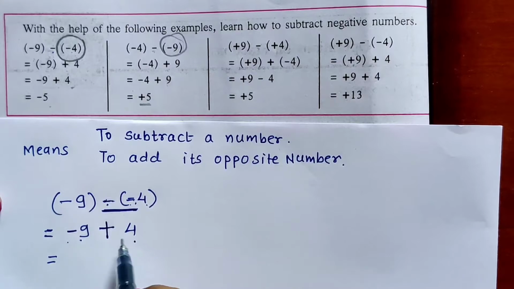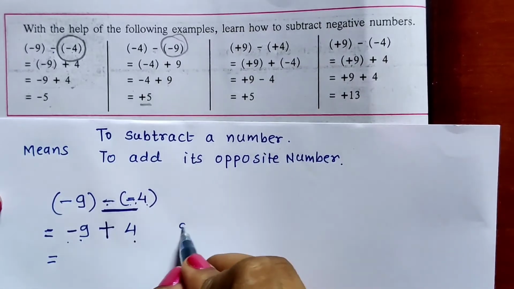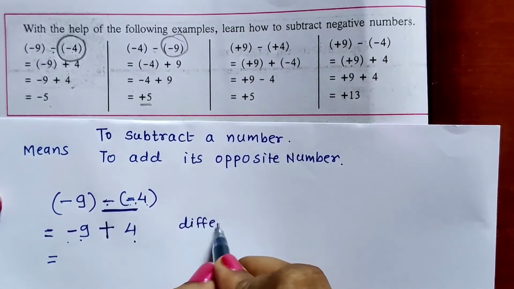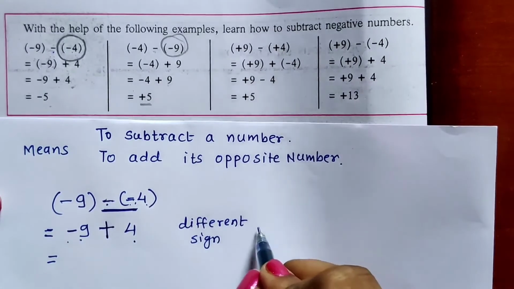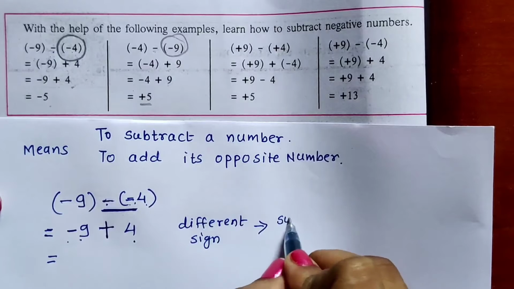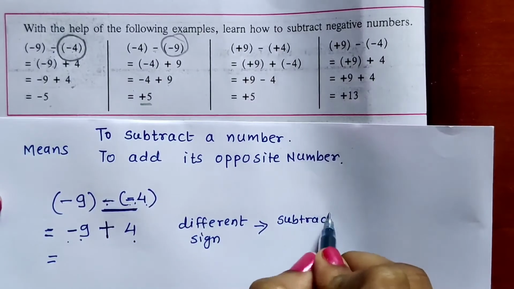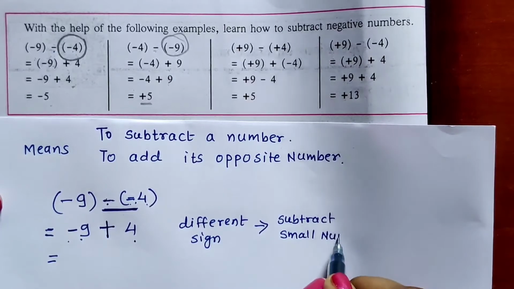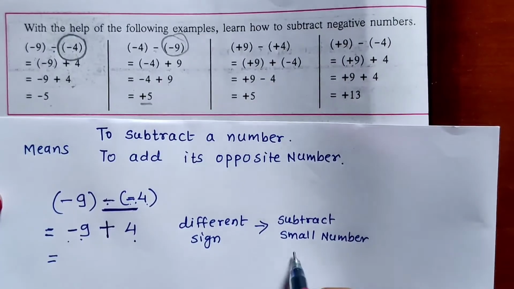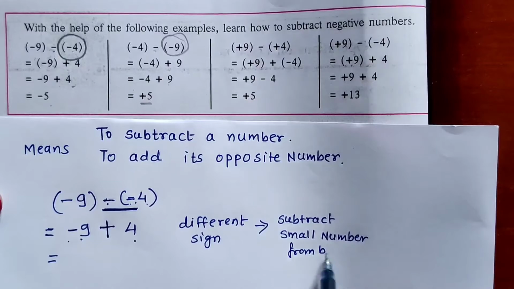Then you can write the answer. 9 has a minus sign, 4 has a plus sign, different signs. So what will we have to do? We will have to subtract the smaller number from the bigger, correct?